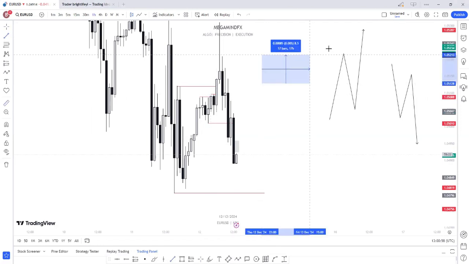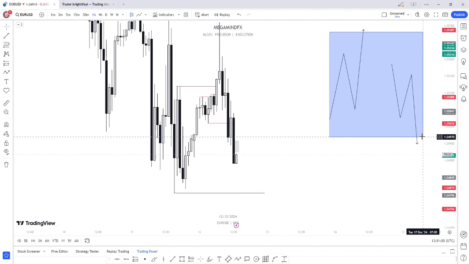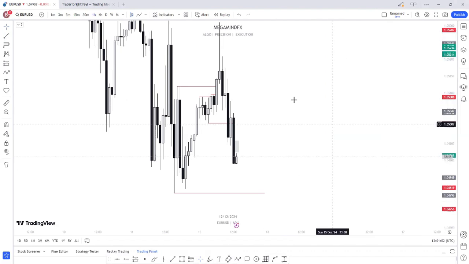So these are my H1 highs and lows that I can find. This is a high, this is a low, this is a high, low, and then we bought back again. This is a low. I didn't mark out this one here.